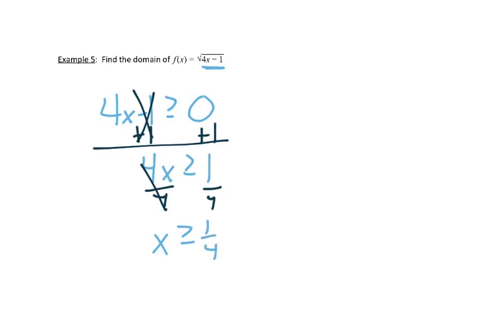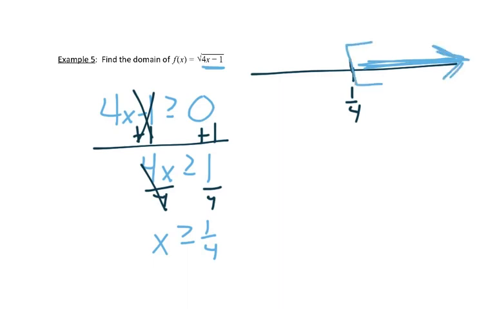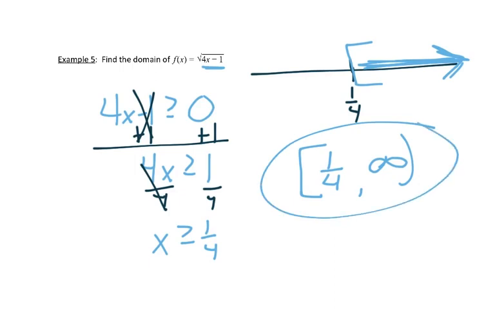So we get x is greater than or equal to 1/4. So if we look at our number line, we have 1/4 marked on it. We want greater than, so that would be this direction. Equal to, so we'd have a bracket. So that tells us how to write our interval notation. We'd have a bracket, 1/4, and then it goes on for infinity.